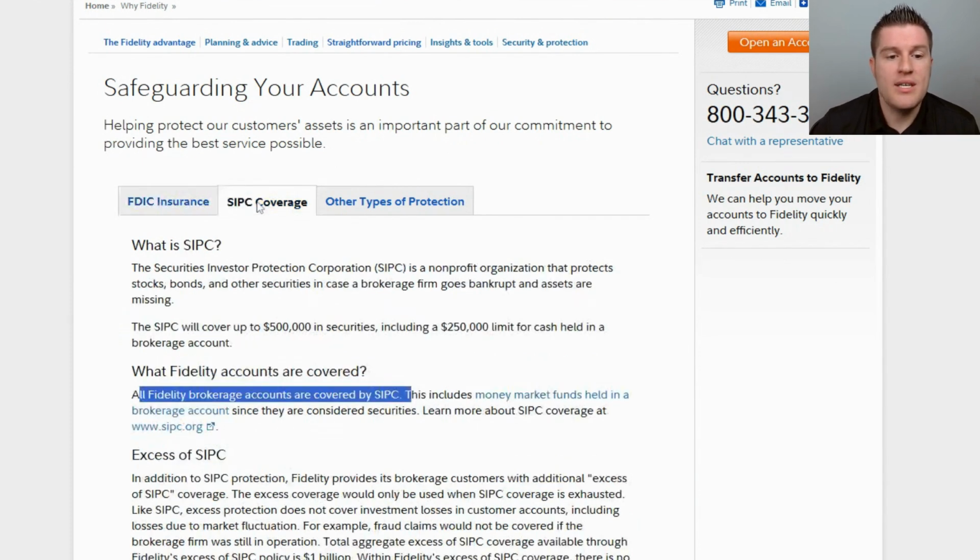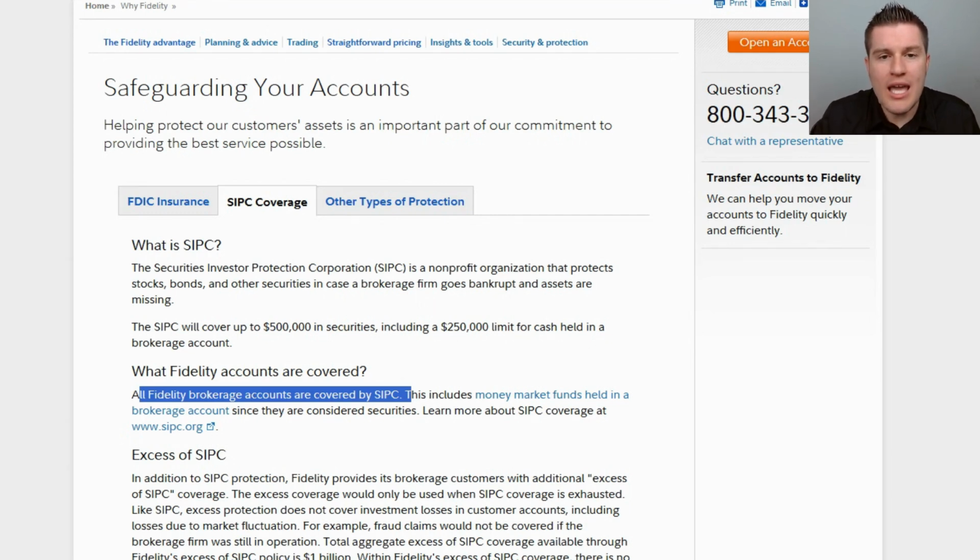Well, SIPC is a similar coverage, but it's actually used for investment companies and brokerages. And so it says all Fidelity brokerage accounts. A cash management account is a special kind of brokerage account that includes money market funds held in a brokerage account. So the reason they have this set up is because now you qualify for this SIPC coverage.